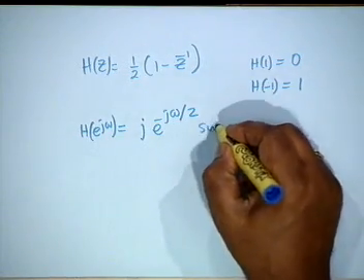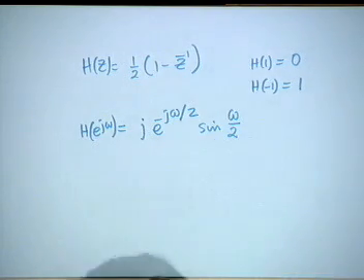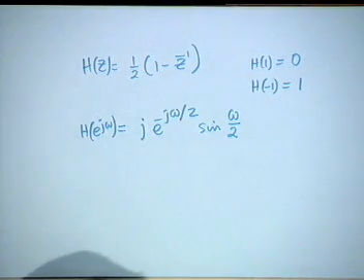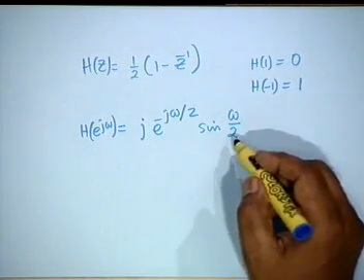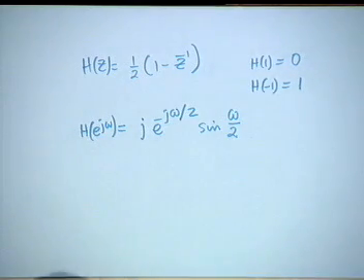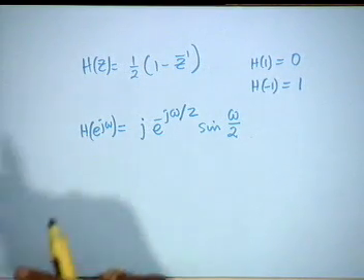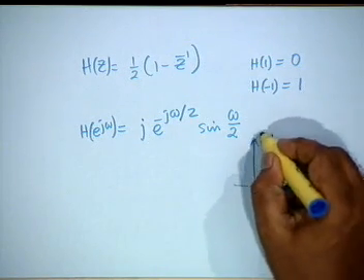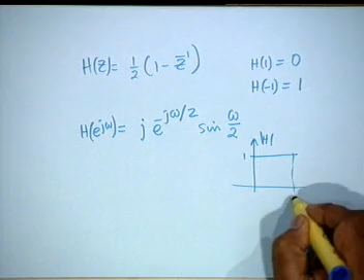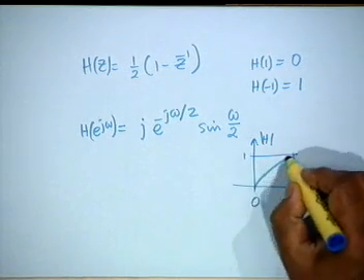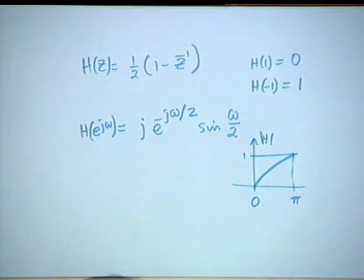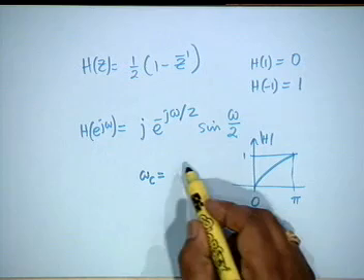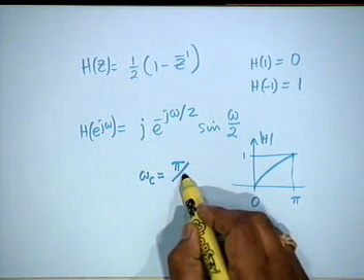Because we want to make this sine of omega by 2. Sine requires a j. You can put z equal e to the j omega and simplify like this. And the magnitude obviously is the magnitude of sine omega by 2, which does not change sign in the range 0 to pi. Therefore, the magnitude of H, you have to go only up to pi, it goes like this, high pass filter, and you can show that omega c, that is the 3 dB cutoff, is once again pi by 2.